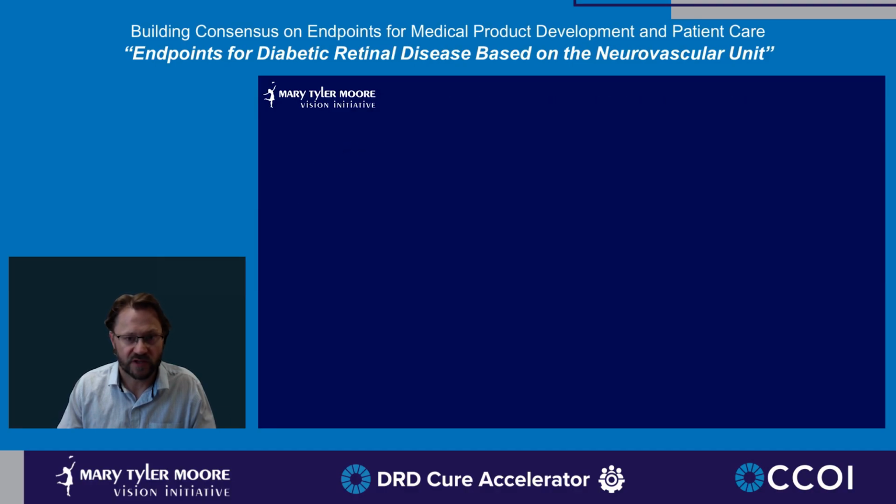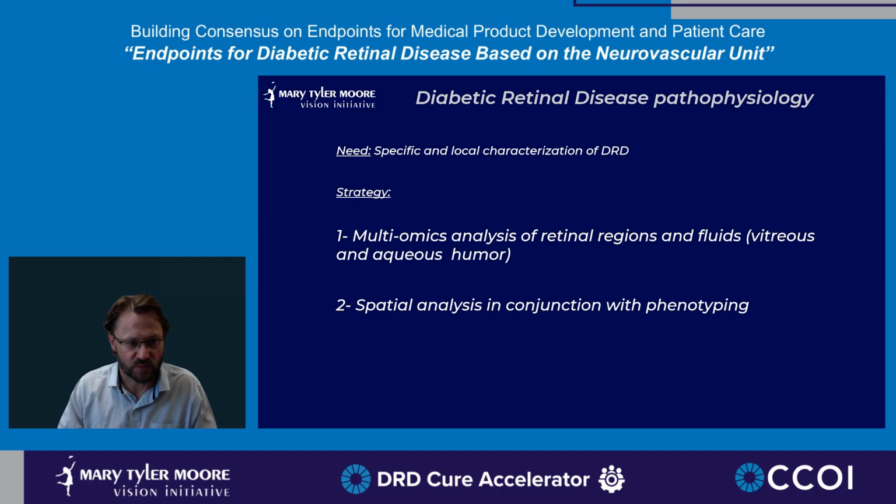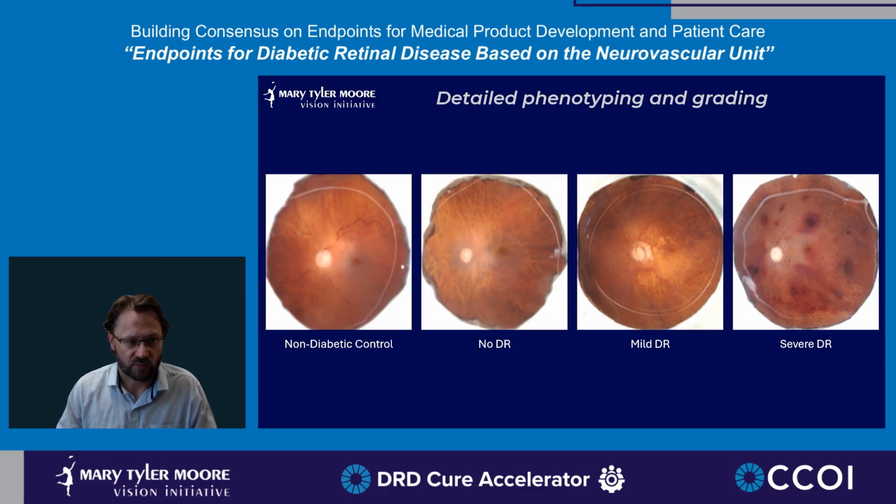From there, as I mentioned, we are now pushing towards more spatial analysis in conjunction with phenotyping. What that requires is first a detailed phenotyping and grading of the tissues that are obtained and the donors from which they come.